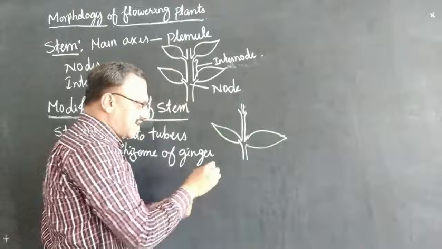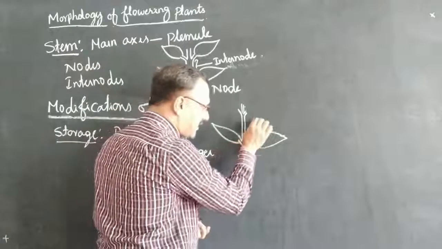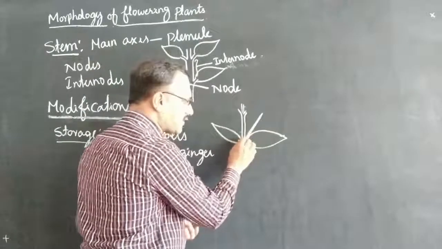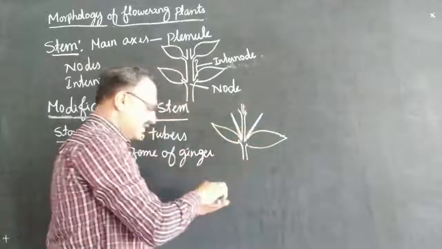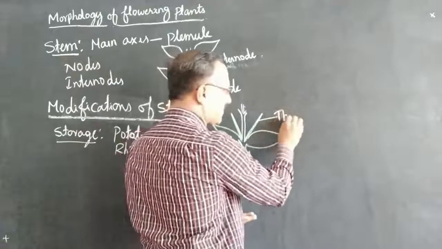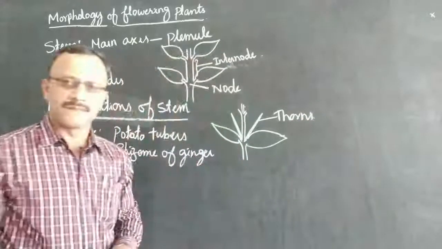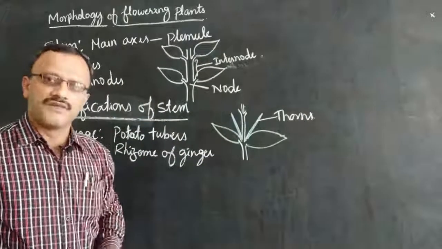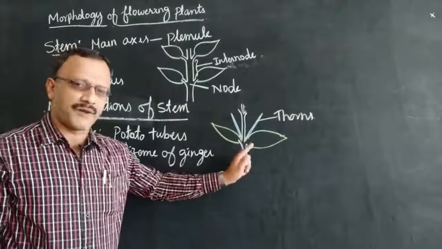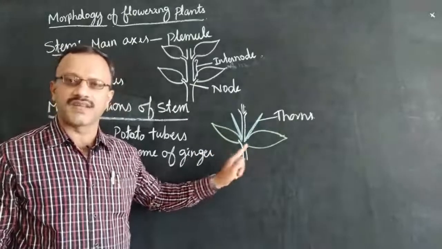The axillary buds will develop into thorns. Thorns are modified stem, or the axillary buds of the stem modify for the purpose of protection from grazing animals.